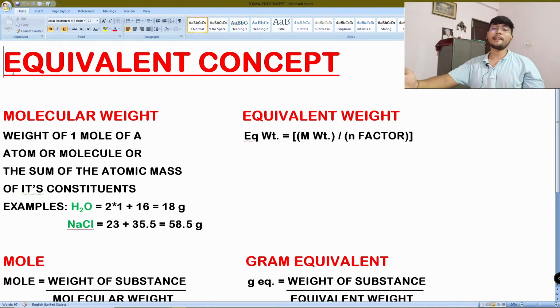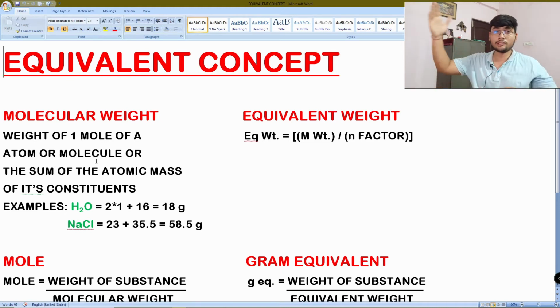As you can see, the heading is equivalent concept. First of all, I'm going to compare molecular weight and equivalent weight. So what is molecular weight? The weight of 1 mole of an atom or molecule, or the sum of the atomic masses of its constituents. I am not going into detail, like comparing it with carbon 12, taking the relative mass as carbon 12.